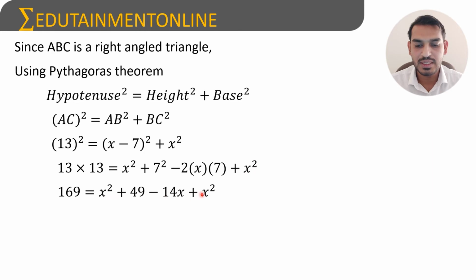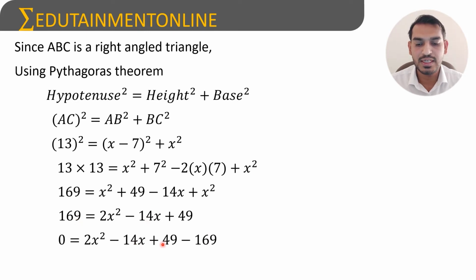Now x square plus x square is 2x square minus 14x plus 49. Now transposing this 169 to the other side, that will be 2x square minus 14x plus 49 minus 169, which is equal to minus 120.